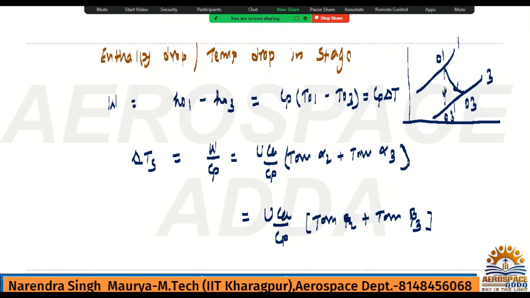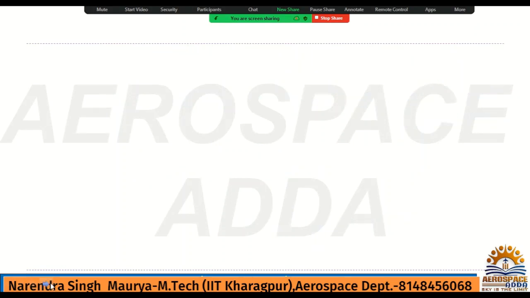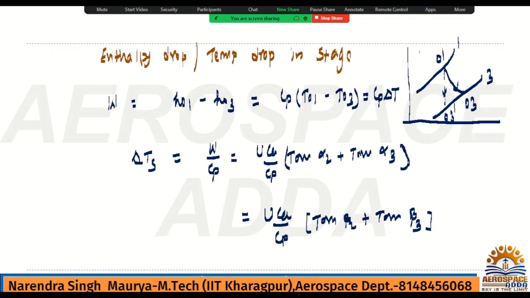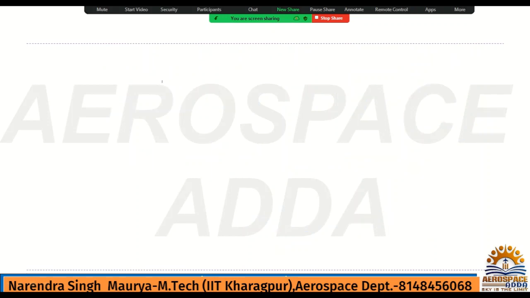Basically if you see the isentropic efficiency of the turbine from this TS plot, this is T and this is entropy. If you write the isentropic efficiency of the turbine, it will be eta T, right?